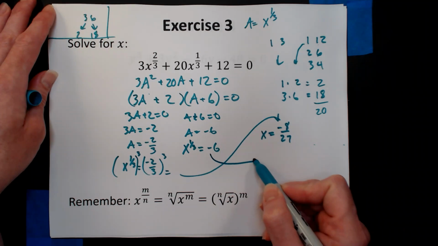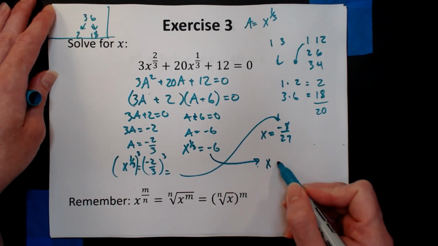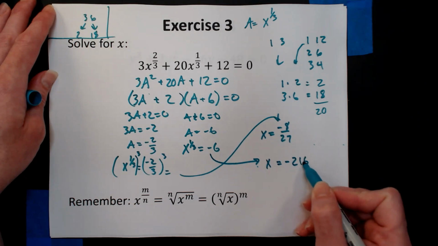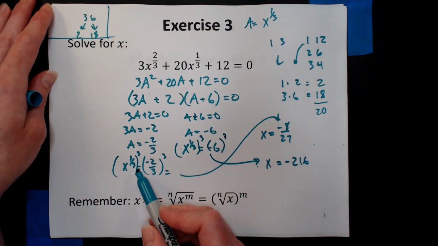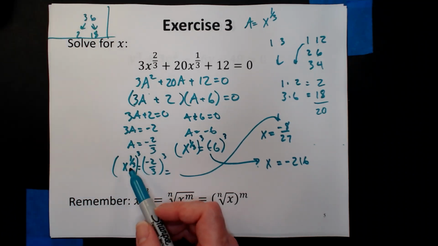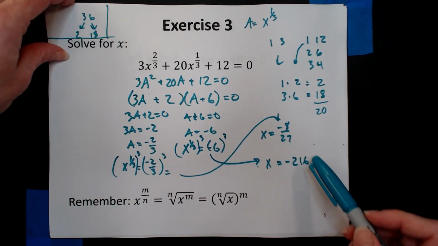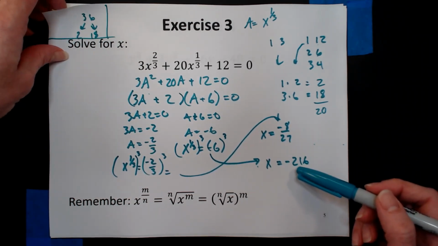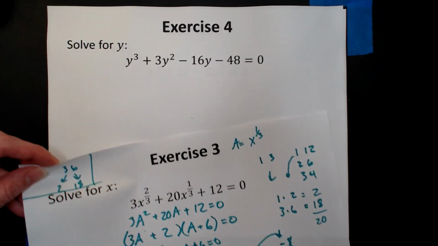And over here, cubing both sides, I get x equals -216. I have to raise to whatever power undoes the root, in this case the cube root, so I raised it to the 3rd power. So these are my two answers. I only have 2 answers for this one. Like I said, it can be hard to tell how many answers you'll get when you have fractional exponents.